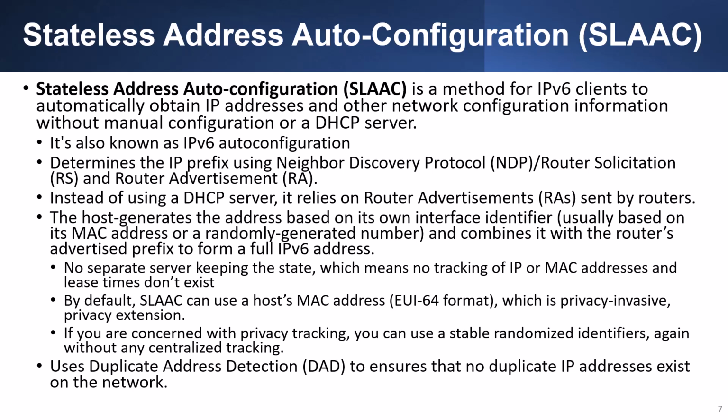By default, SLAAC can use the host MAC address or EUI64 format, which is privacy-invasive. If you're concerned with privacy tracking, you can use a stable randomized identifier, again without any centralized tracking. It uses duplicate address detection, or DAD, to ensure that no duplicate IP addresses exist on the network.